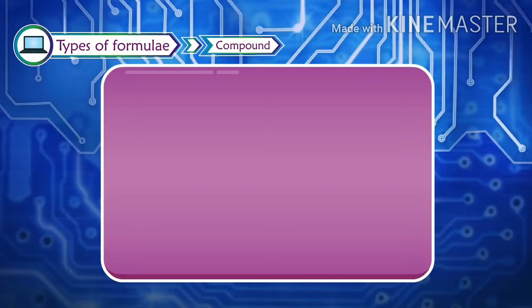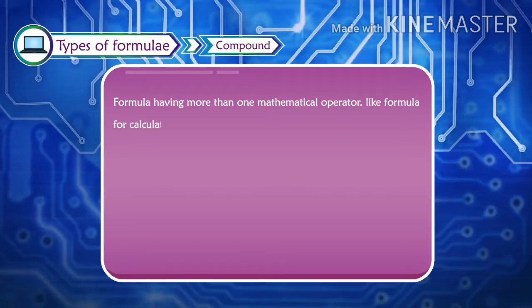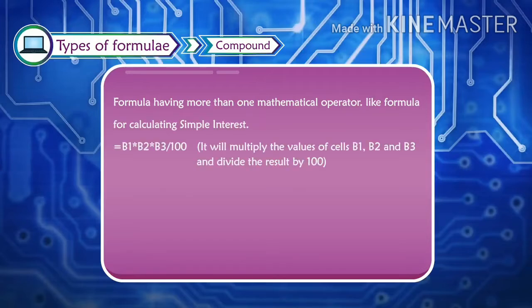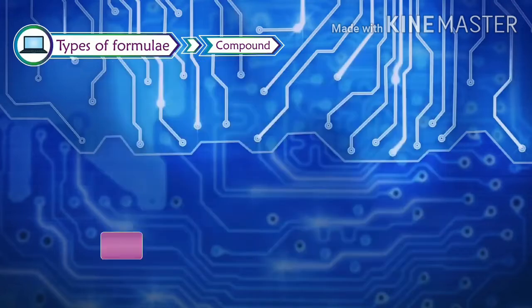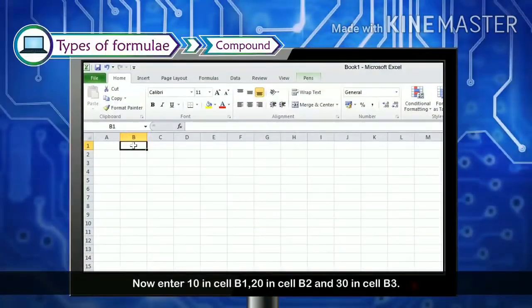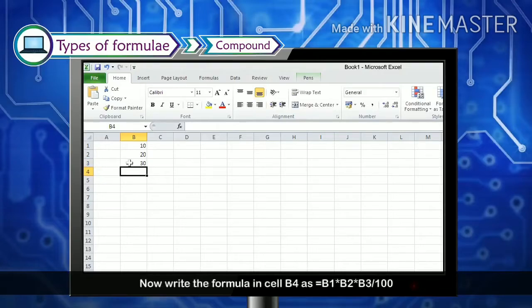Compound: a formula having more than one mathematical operator, like the formula for calculating simple interest, is =B1*B2*B3/100. Now enter 10 in cell B1, 20 in cell B2 and 30 in B3.